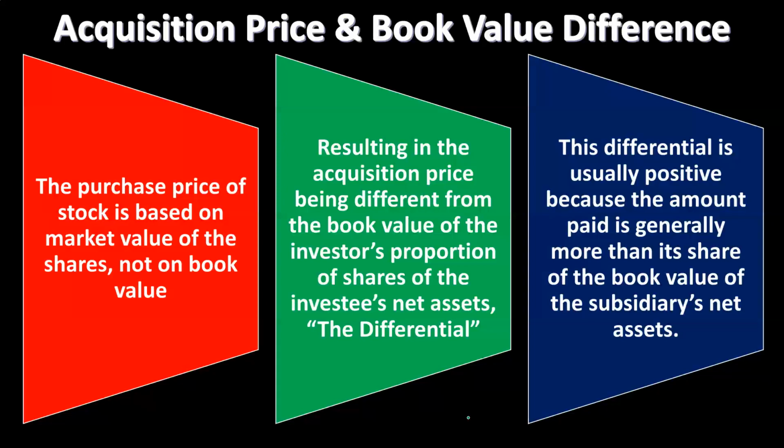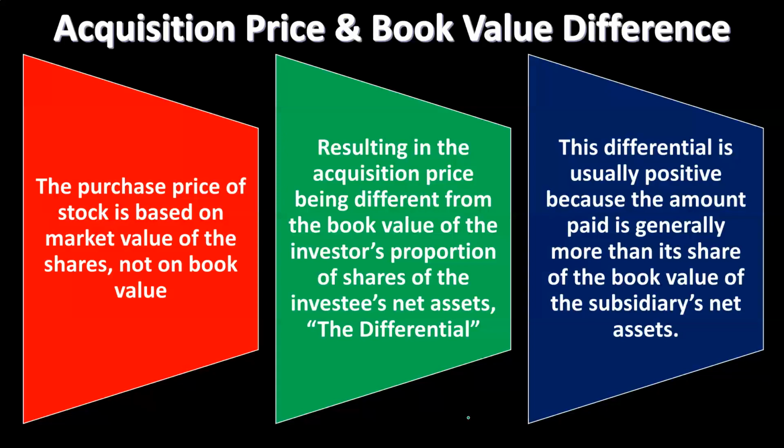It can happen, but typically it's going to be more, because if you revalued the assets, they could be higher, and there could be some kind of goodwill involved. Then the purchase price would typically be higher than the book value of the net assets.